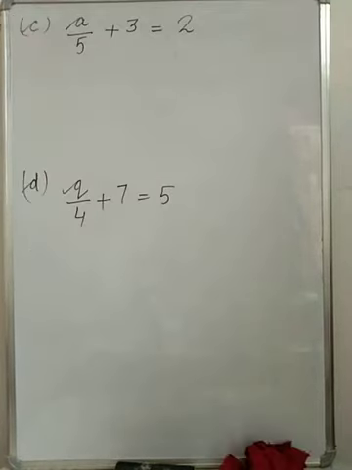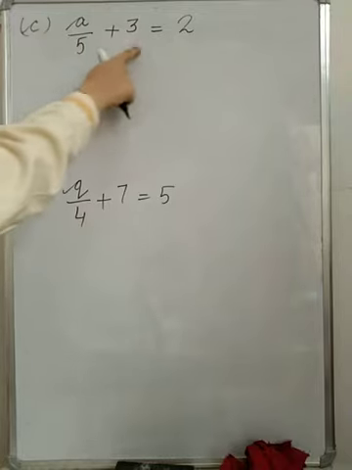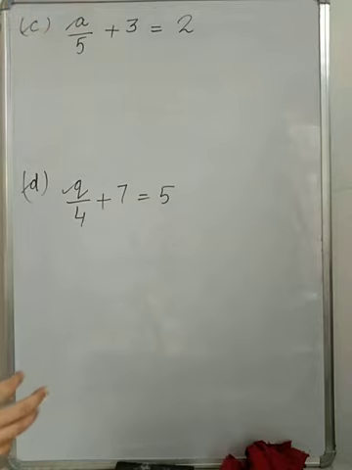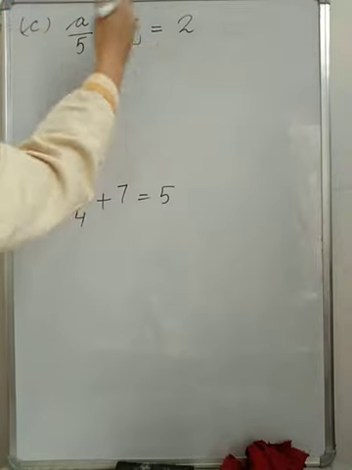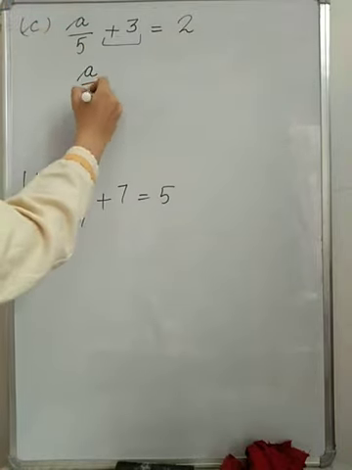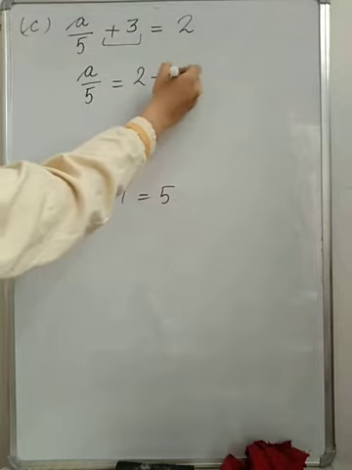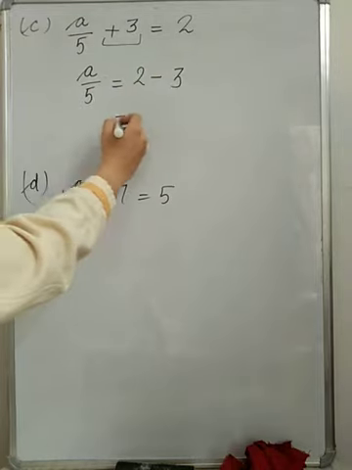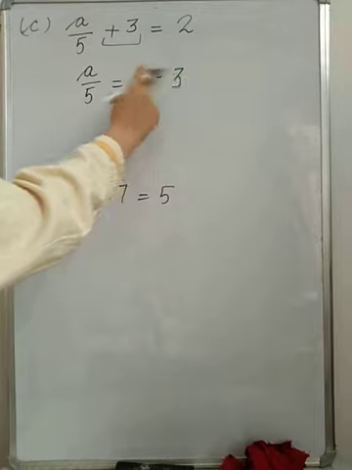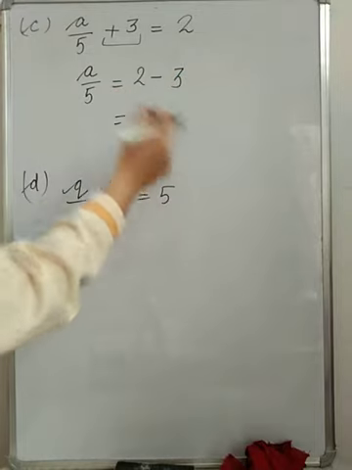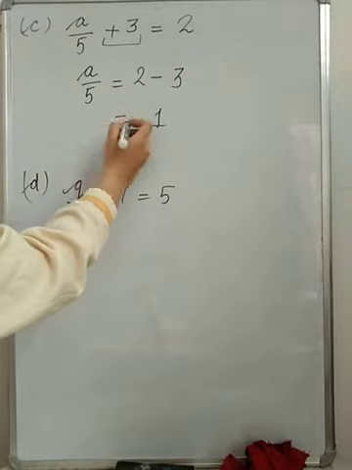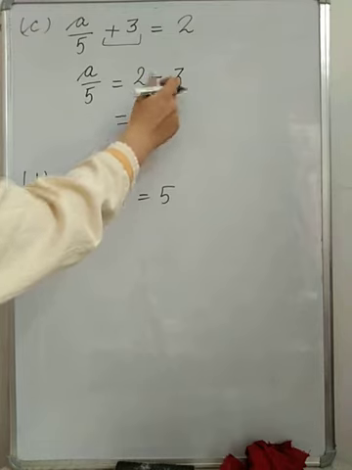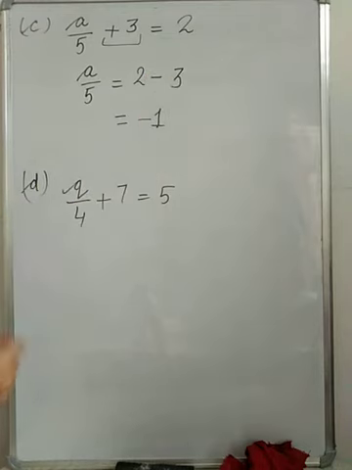Next is, now see the next part, C part. They are saying a by 5 plus 3 equals 2. Here a is the variable. Firstly move this plus 3 to the other side, so it will become a by 5 equals 2 minus 3. Okay, now see, 3 minus 2 will be 1, and the sign of the greater number will come. 3 is greater, so the negative sign will come.